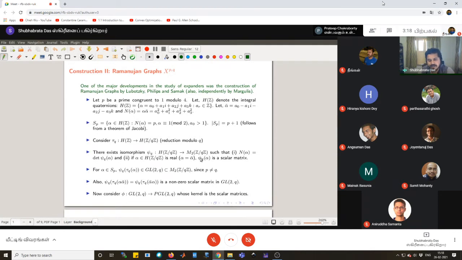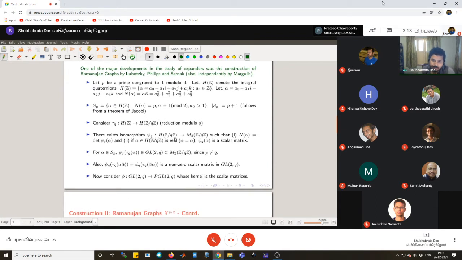And this can be shown, this is not too difficult, that this would be an isomorphism with the norms of those elements being the determinant of the corresponding matrix. And if alpha here is a real quaternion, that means we don't have these, then the corresponding matrix would be a scalar matrix.